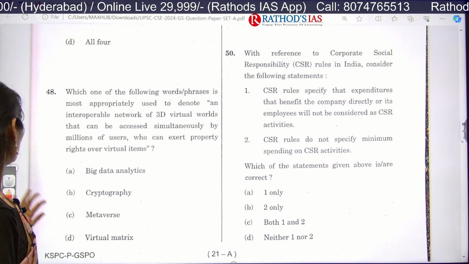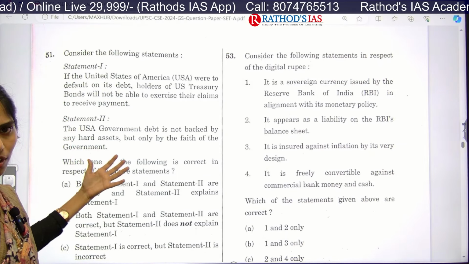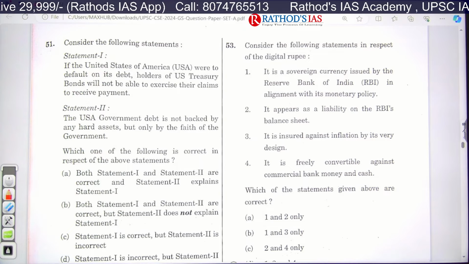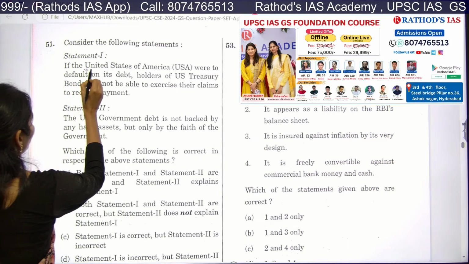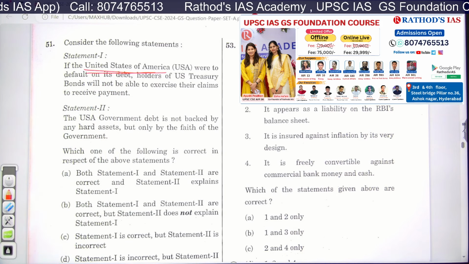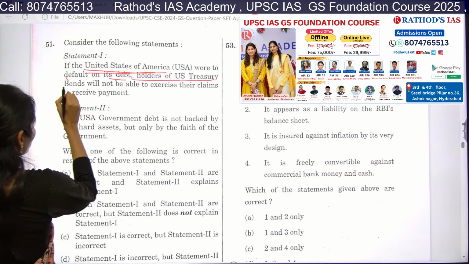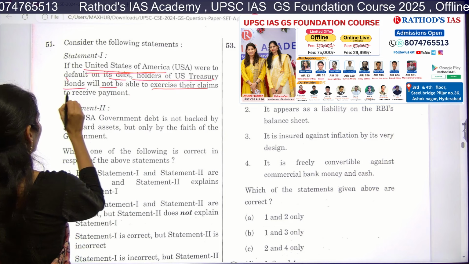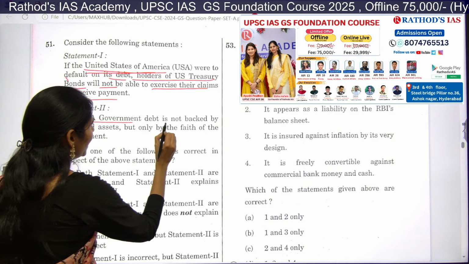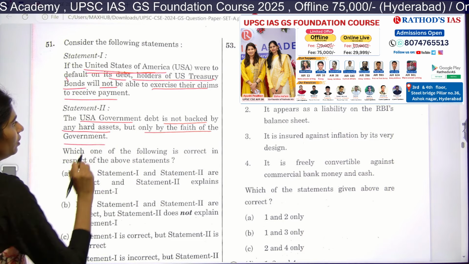Clear? And let us see the next question, 51. It is in the question statements format. Consider the following statements. There are two statements given. First one: if the US, that is the United States of America, were to default on its debt, holders of US treasury bonds will not be able to exercise their claims to receive payment. And the next one: USA government debt is not backed by any hard assets but only by the faith of the government.